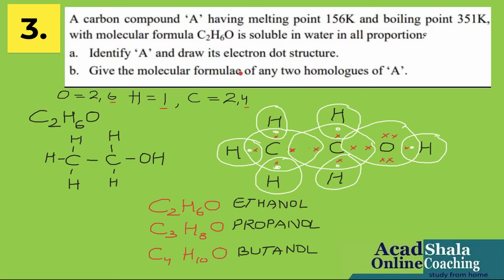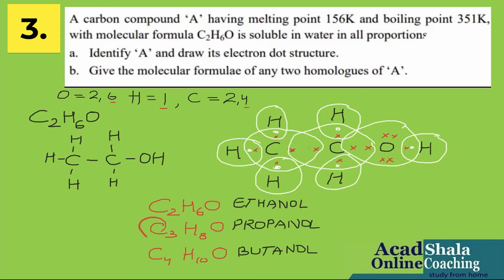Okay. After this, the B part says, give the molecular formulae of any 2 homologues of A. A we found in the A part, that is ethanol, which I have written over here. Now I will find the next 2 homologues after ethanol. C2H6O. That is A. So what I will do, I will write down the next, that is C3H8O.